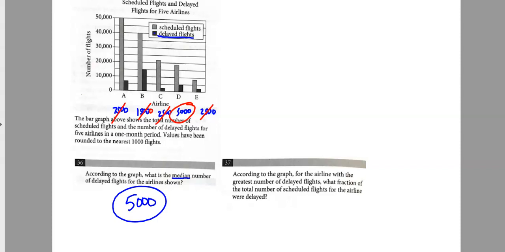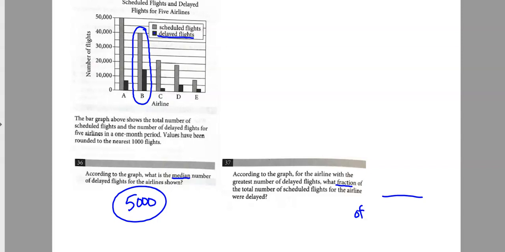Number 37, according to the graph, for the airline with the greatest number of delayed flights. So we're only looking at the airline with the greatest number of delayed flights. So right here, what fraction of the total number of scheduled flights were delayed flights?